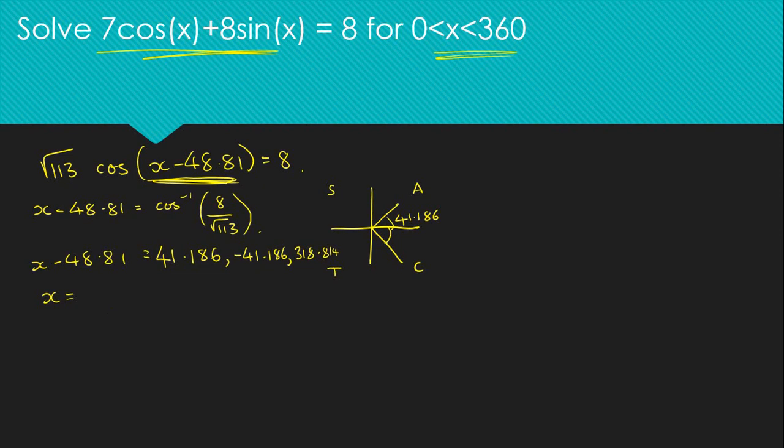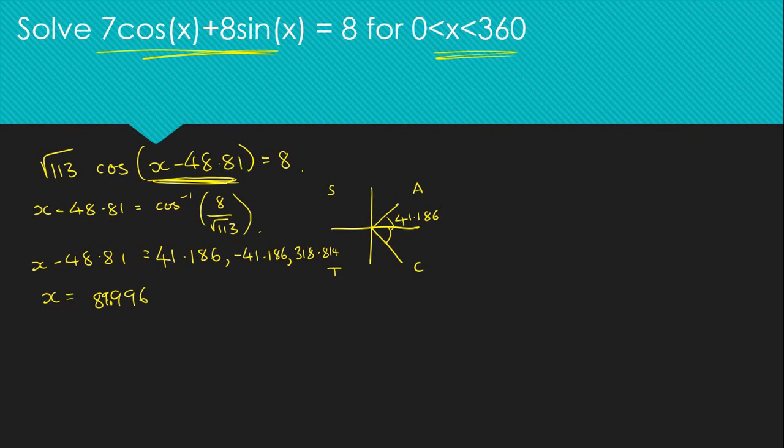So we've got 48.81 plus 41.186. Really, I should have stuck with 3 decimal places throughout, but I didn't. And that's going to come out as 89.996. Okay, 89.996. Yeah, good. Okay, we've got negative 41.186. So negative 41.186 is going to be added to.